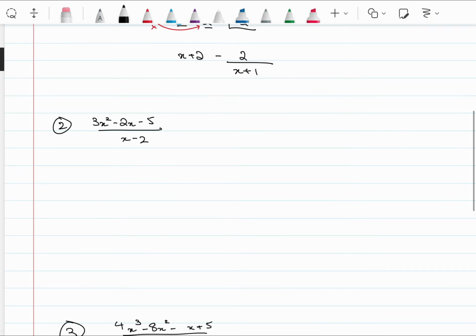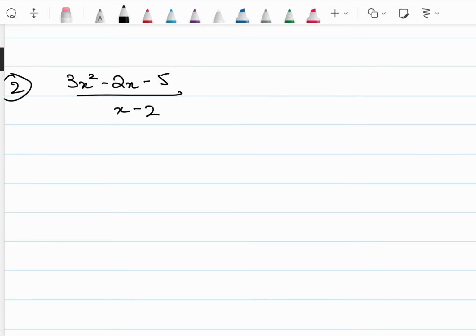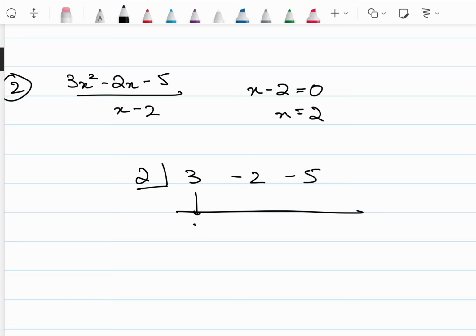Okay, let's do another one. So we'll do the same thing as before. We find the 0 of the divisor. x equals 2. We write out the coefficients. Now, same thing, we bring down the first term. 3, multiply, add, and repeat.